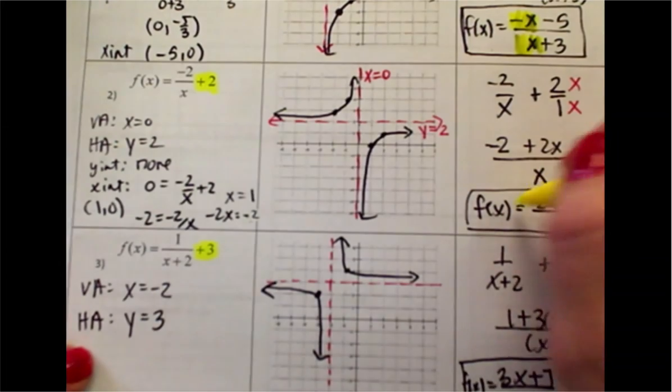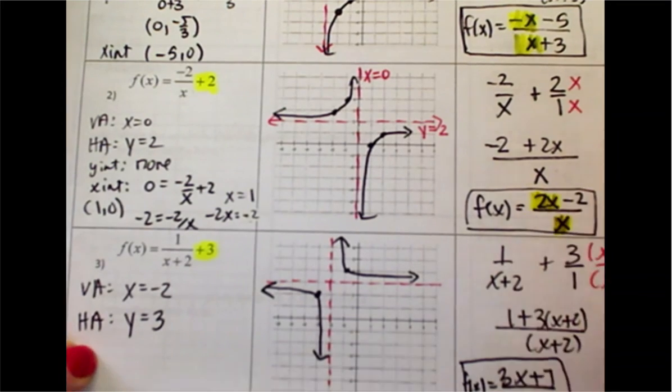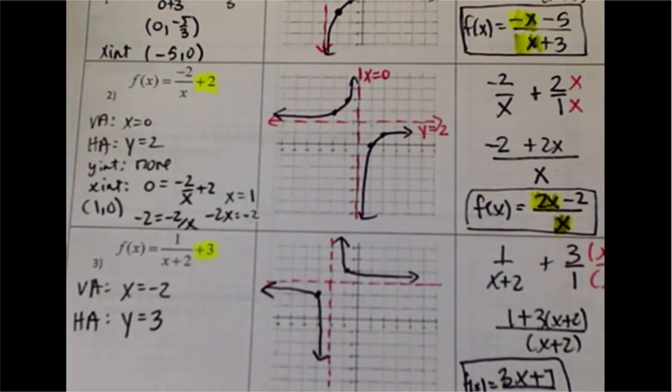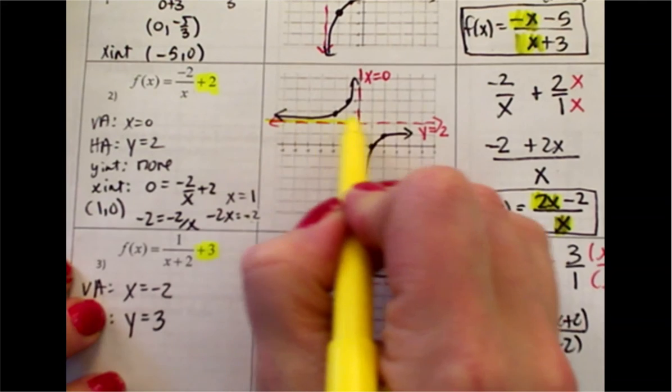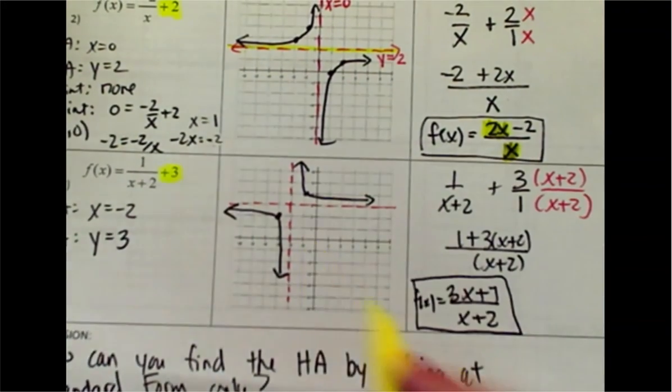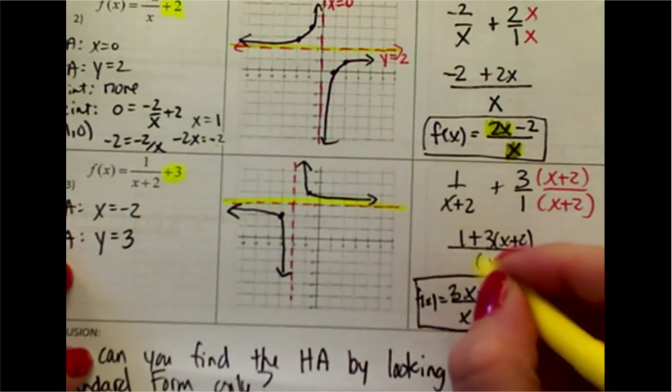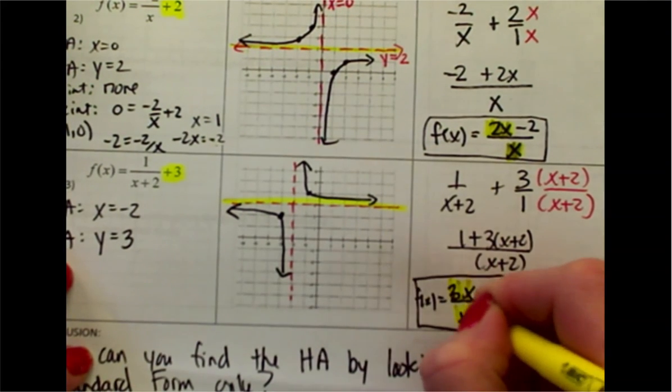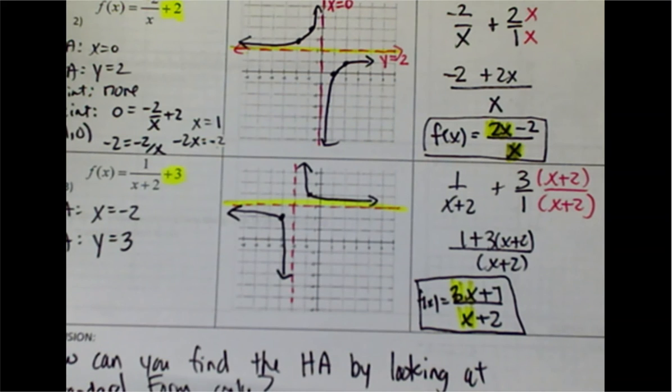Look at this. 2x over x divides to 2. What about the next one? 3x over x. 3. So y equals 3.